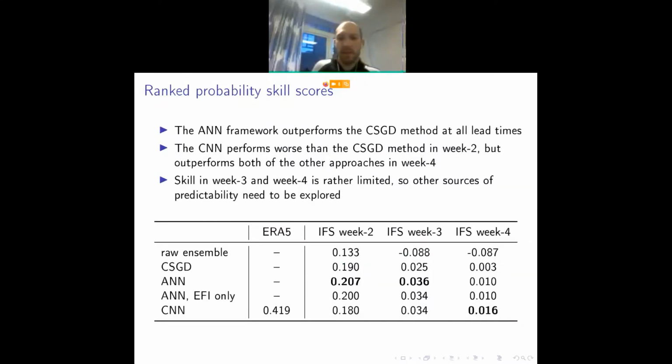Here's the same in a table form, where we have averaged across space, and this shows a little clearer that during week 2 and week 3, this more conventional neural network approach is better, and then week 4, the approach that uses the large-scale information as opposed to precipitation forecasts from the forecast systems directly gets the best results, but again at the relatively low level.